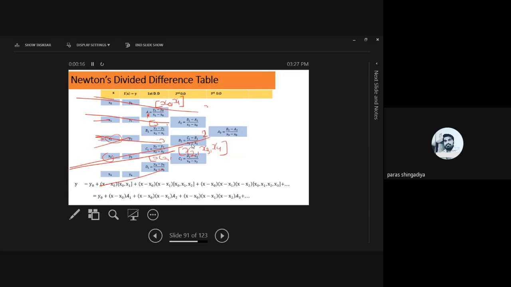Okay, x0 to x3 will be the boundary of A3.